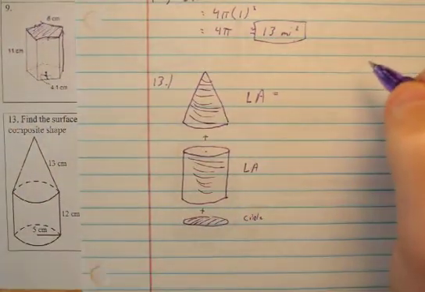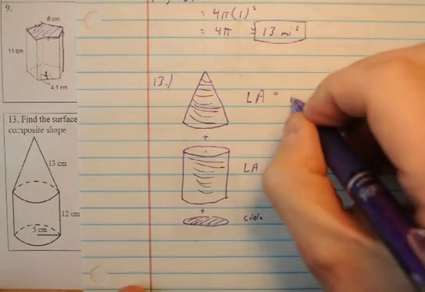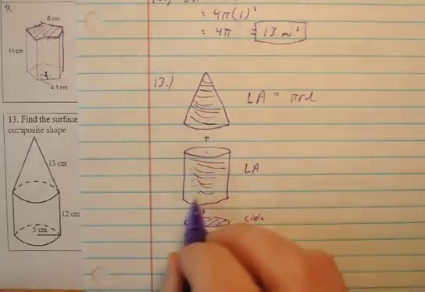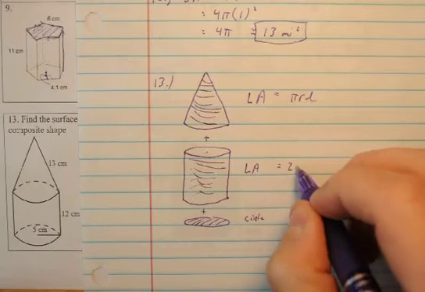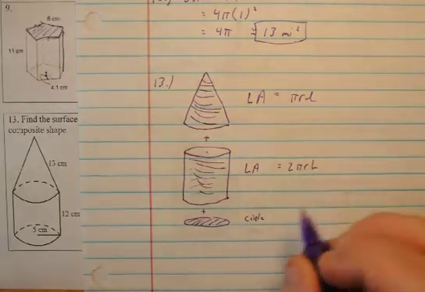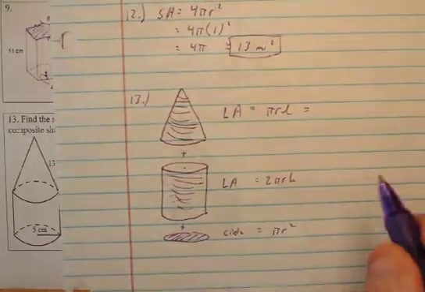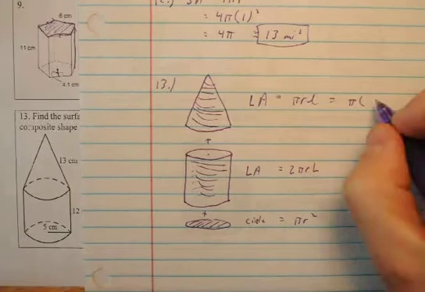The lateral area of a cone is pi RL. The lateral area of a cylinder is 2 pi RH. And the circle is just pi r squared. So pi RL, the radius is 5.